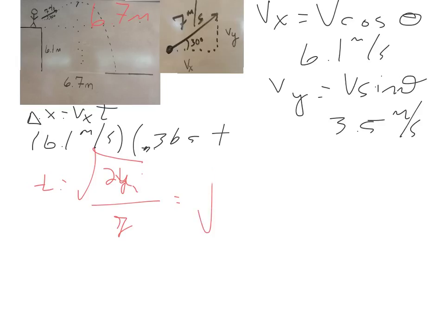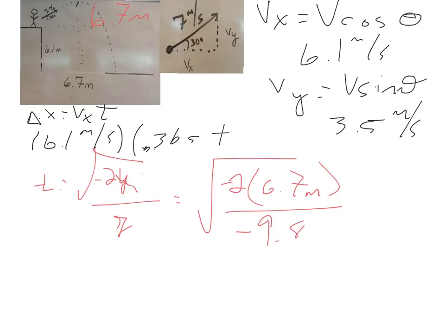So that's the square root of 2 times my initial height, which is 6.7 meters, divided by g, which is, sorry, that's negative 2, negative 9.80 meters per second squared. And if I plug that in, I get the square root of 2 times 6.7 divided by 9.8, and we'll call it 1.17 seconds.